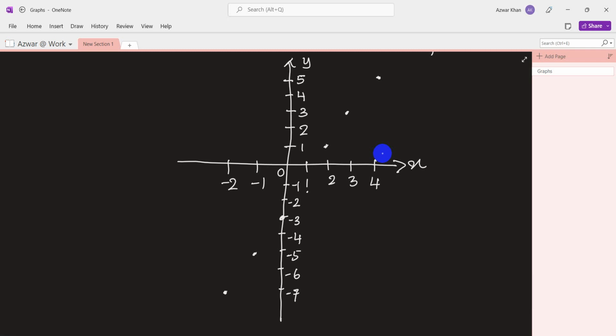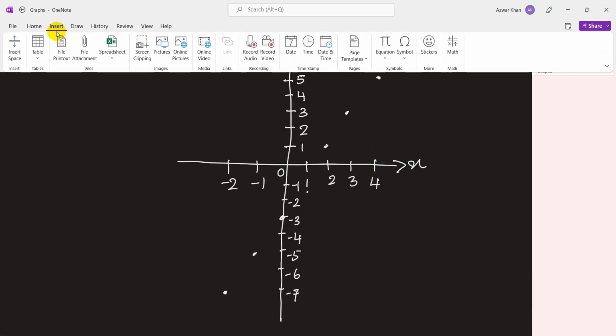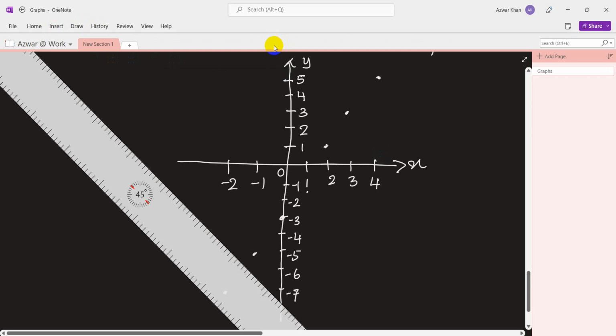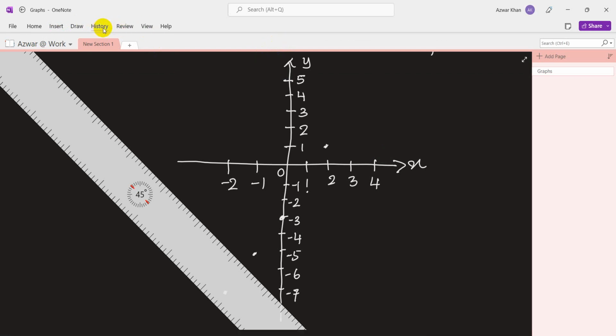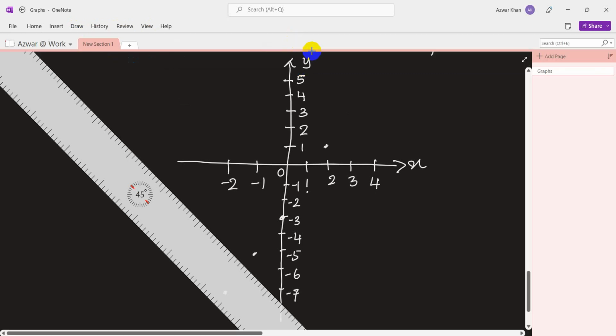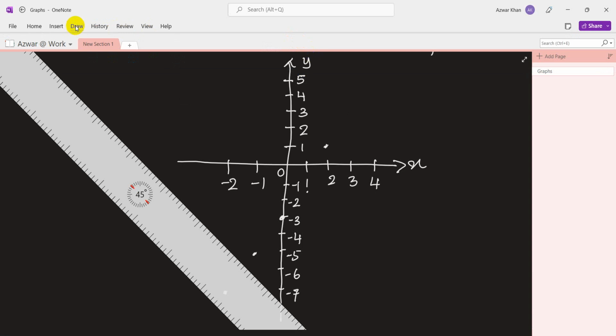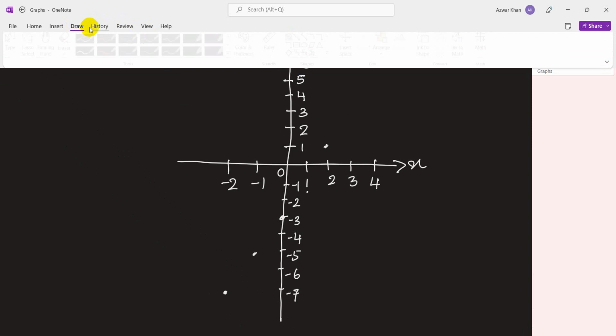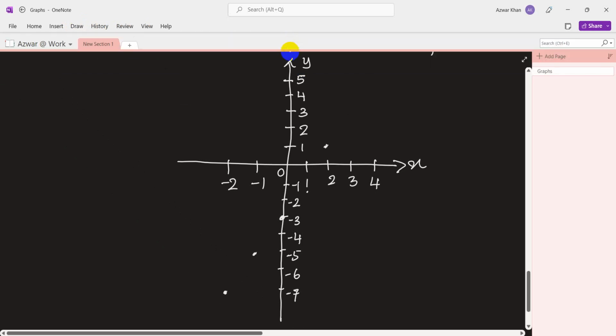So as you can see, we will get a straight line. I'm sorry. So let's remove this ruler and take the line.